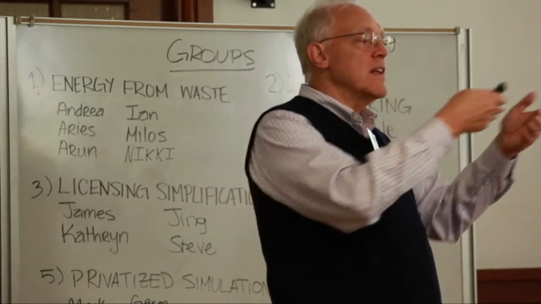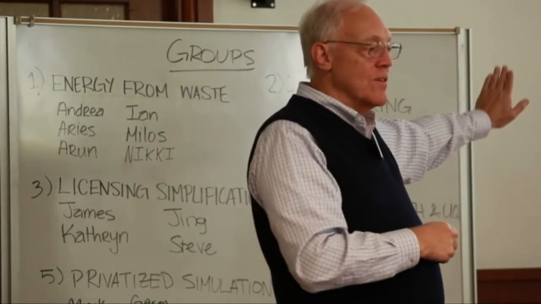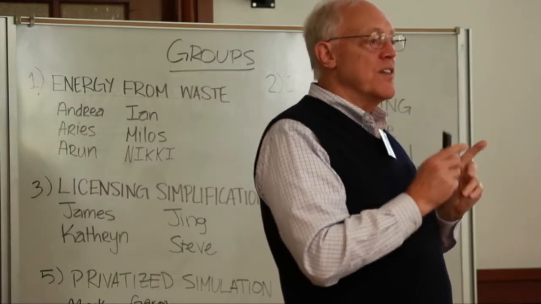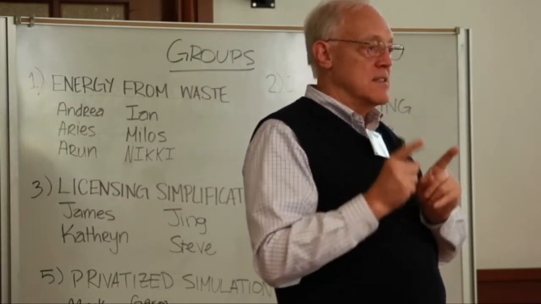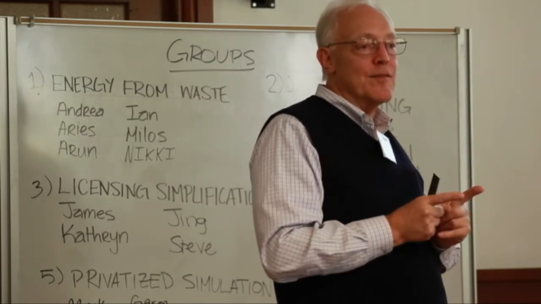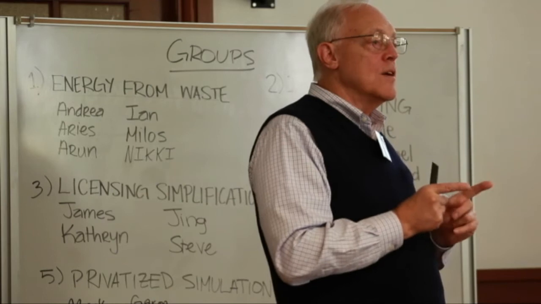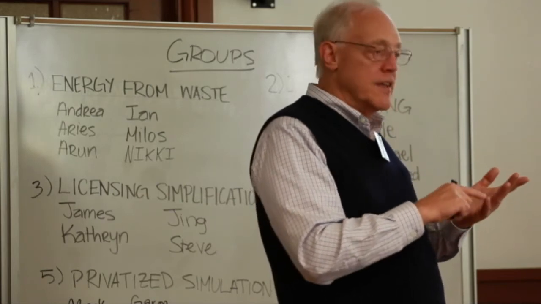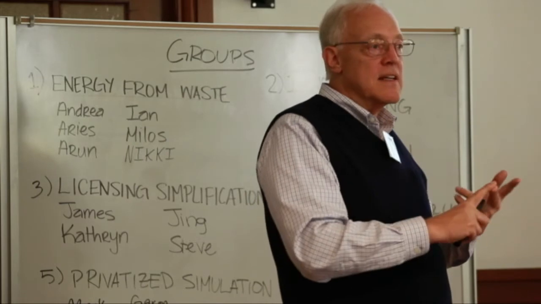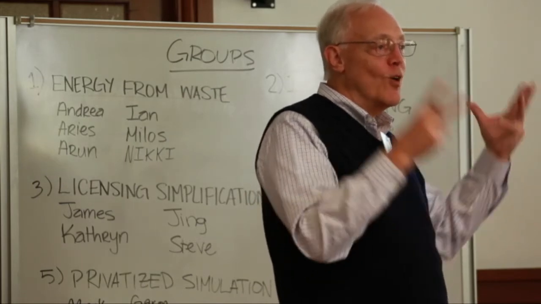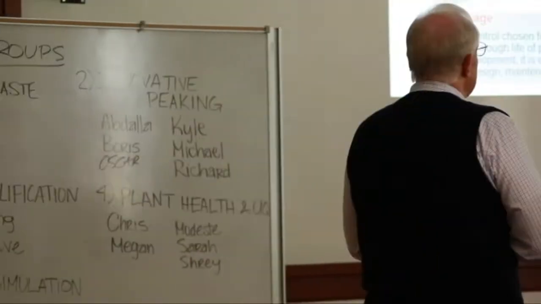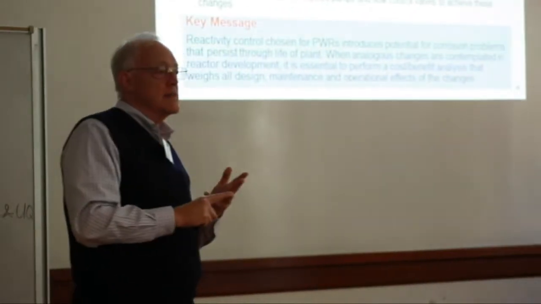But if I build in the operational cost of living with this design decision over a 60 or 80 year life, and deal with the downside consequences of the inspections and the material degradation, and some of the more exciting things like the Davis-Besse event with a big hole in the head, you begin to say, did we do that right?